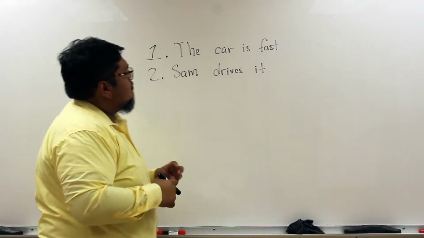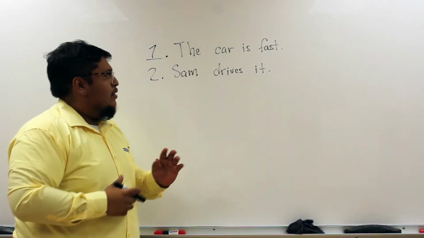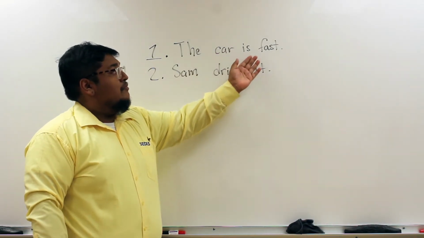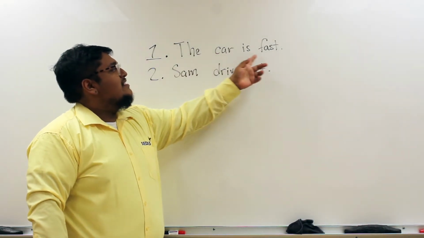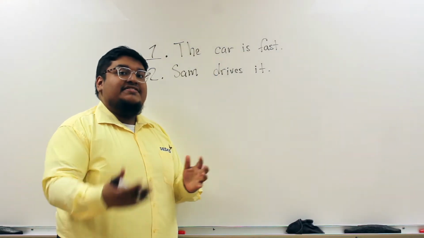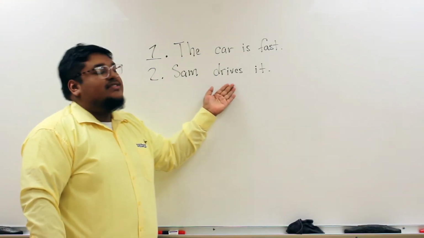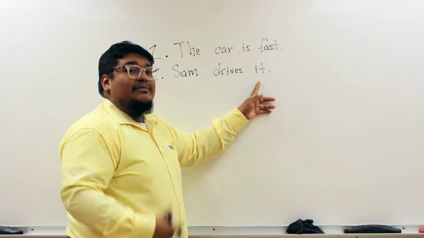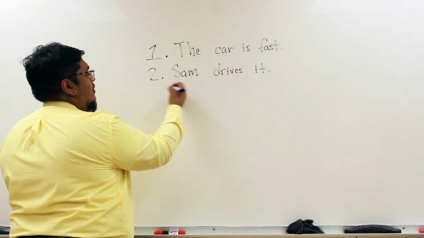Okay, so for this example, who is the one giving the action? Is it the car? No, we are just describing the car. It's fast, right? Who's giving the action? Sam. Sam drives it.